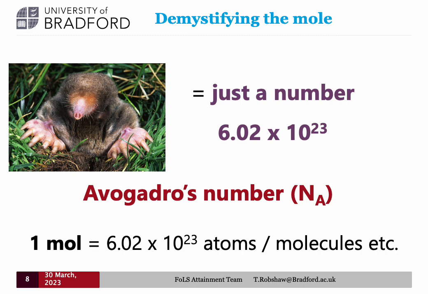It's very important to demystify this term for people new to chemistry. A mole is just a number, just a very, very big number. To be precise, it is 6.02 times 10 to the power of 23.